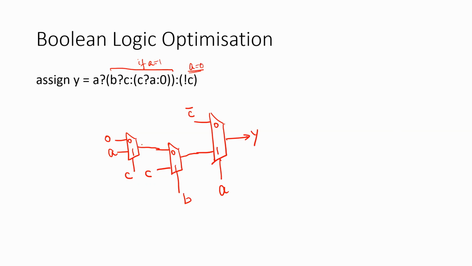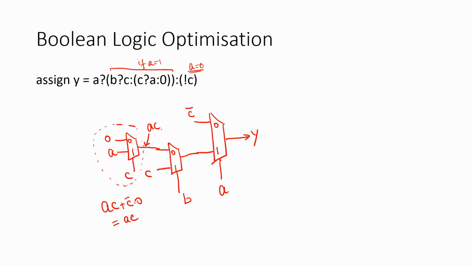So let's try to optimize it now. The output of this mux is AC plus C bar dot 0, which is nothing but AC. This is the output of this mux.